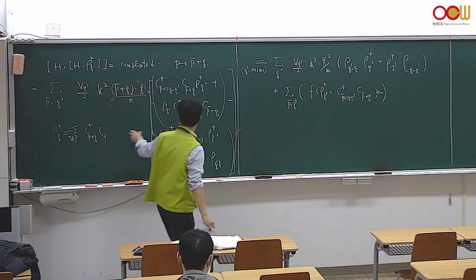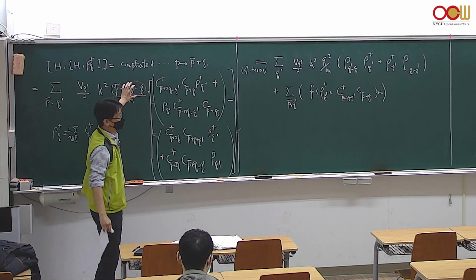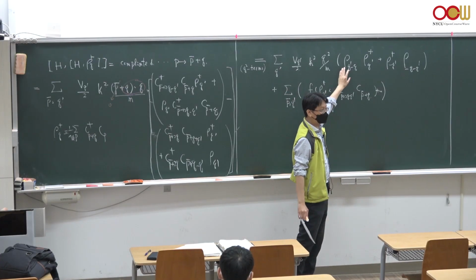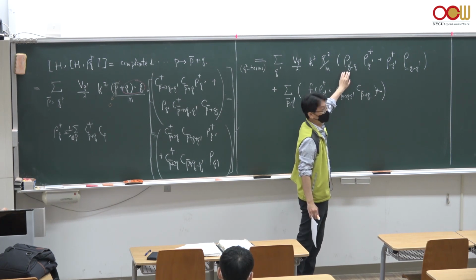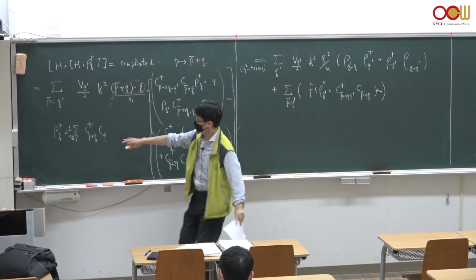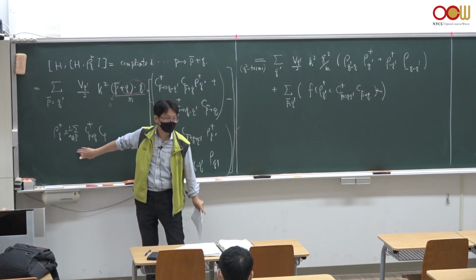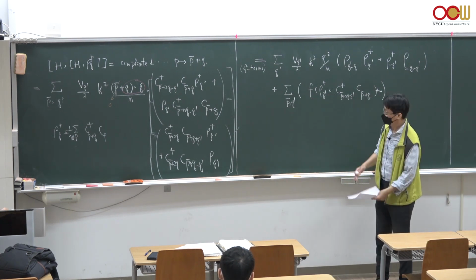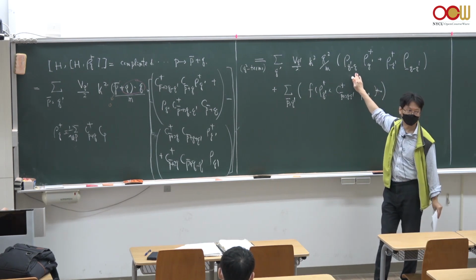Okay, so we can simply single out the q squared term. And the q squared term can be expressed in terms of rho and rho dagger operators like this, because we could take advantage of the definition of rho dagger of q. So we convert the c dagger c into the density operator rho.